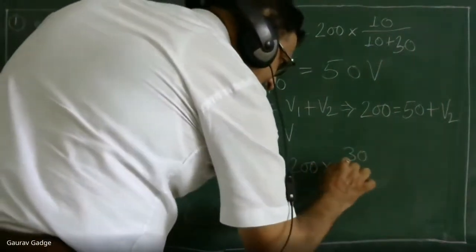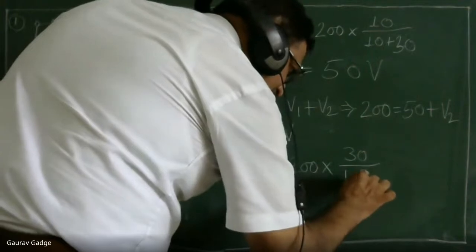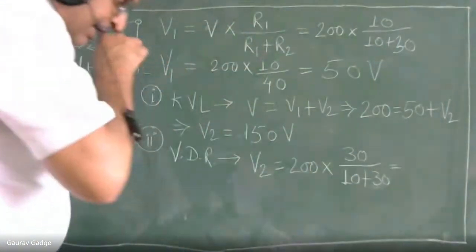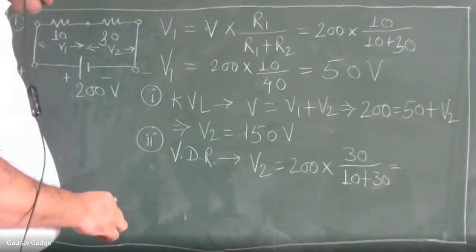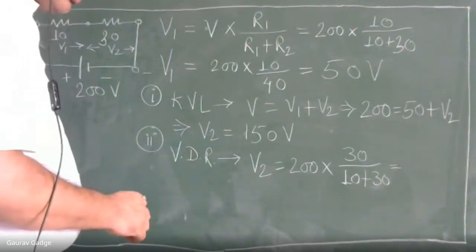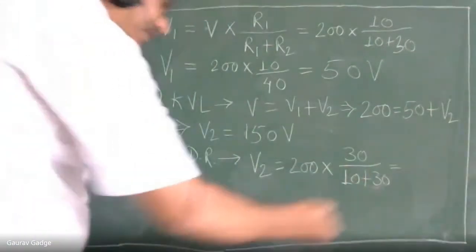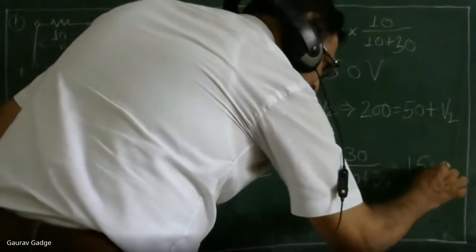So it is 30 divided by 10 plus 30, it means it is equal to 40. Again that 0 gets cancelled, 200 divided by 4 gives you this, and 5 3s are 150, so therefore it is equal to 150 volt.